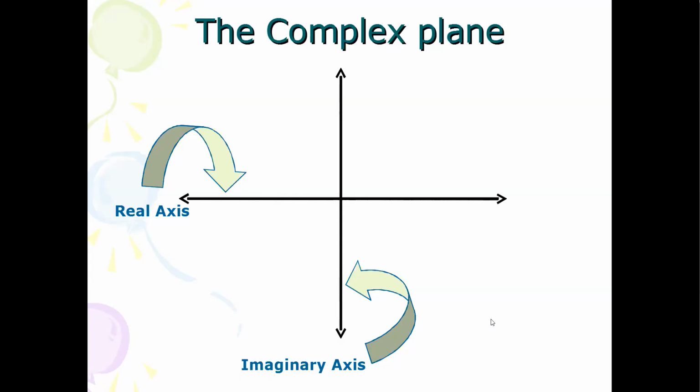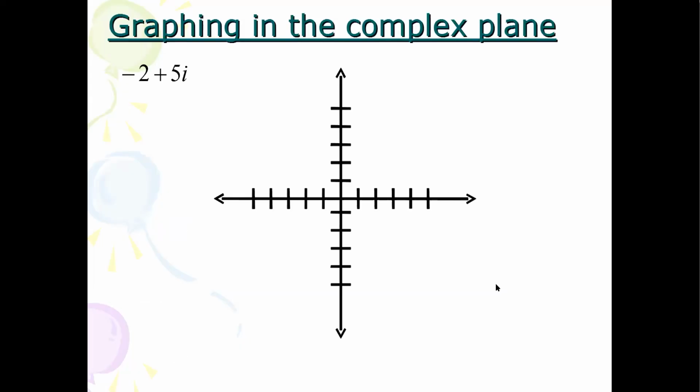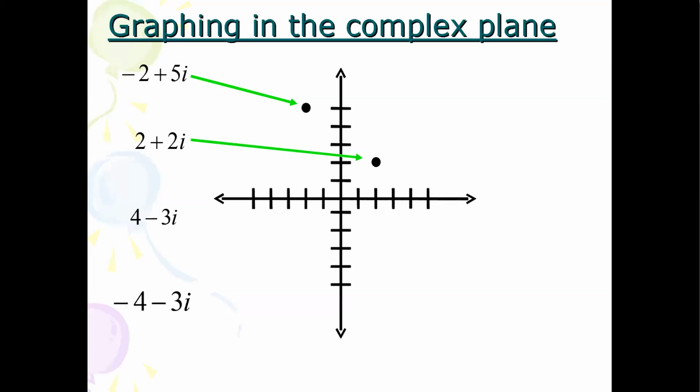Where the X-axis used to be, that's the real axis, and the Y-axis is the imaginary axis. Let's graph a few complex numbers. Graph these 4: minus 2 plus 5i, 2 plus 2i, 4 minus 3i, and minus 4 minus 3i.